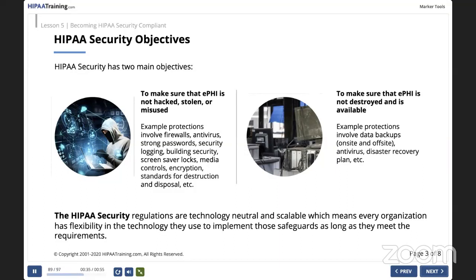Example protections involve data backups, on-site and off-site, antivirus, disaster recovery plan, etc. The HIPAA security regulations are technology neutral and scalable, which means every organization has flexibility in the technology they use to implement those safeguards, as long as they meet the requirements.